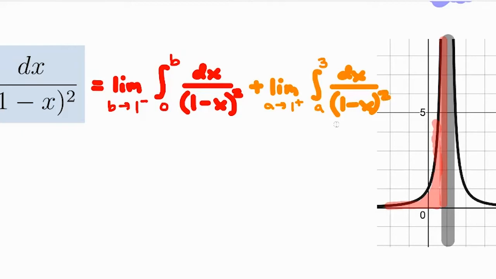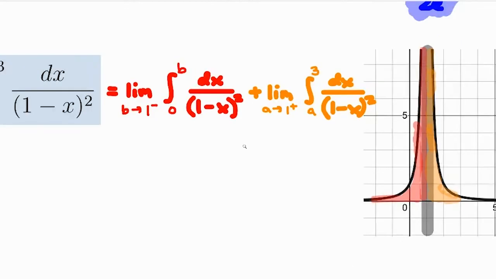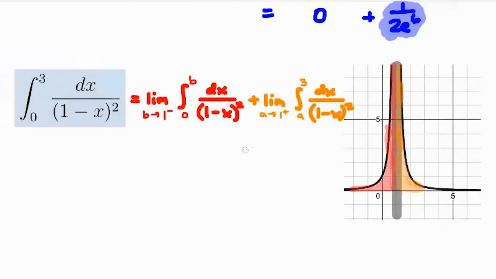Okay, so we're adding those two together. Let me color in this. So those are 1, 2, 3. So this part right here is the orange part. Kind of sloppy, sorry. Okay. You have to break it down like that and add both of those together.